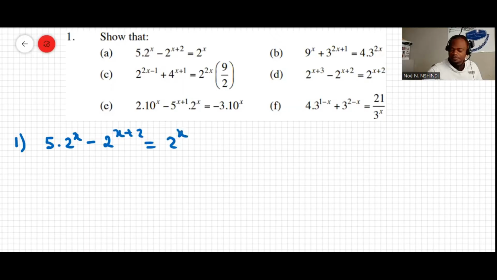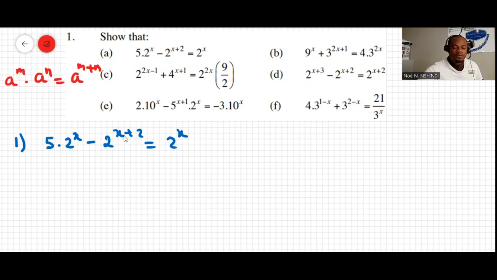Now over here, I am going to apply the law of exponent that says a to the power of m times a to the power of n equal to a to the power of m plus n. Remember those laws of exponents are useful forward and backward, okay? So it can be useful if you look at it from left to right as well as from right to left.